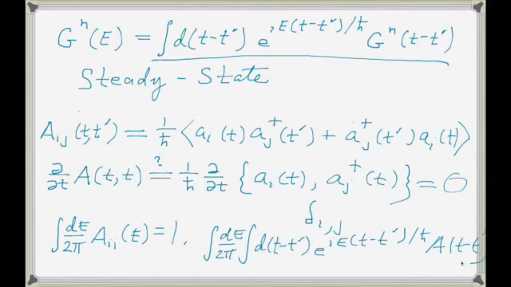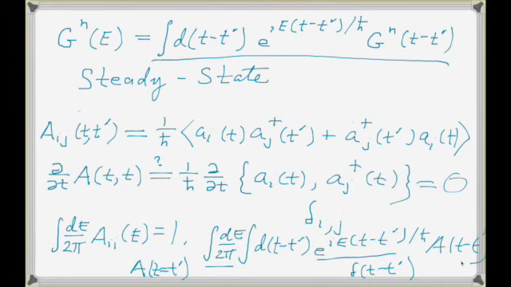I'm just going to get a delta of t minus t prime, which will kill off this integral and that exponential. This gives me a delta of t minus t prime, which collapses the integral over t minus t prime, and I just get A at t equals t prime.